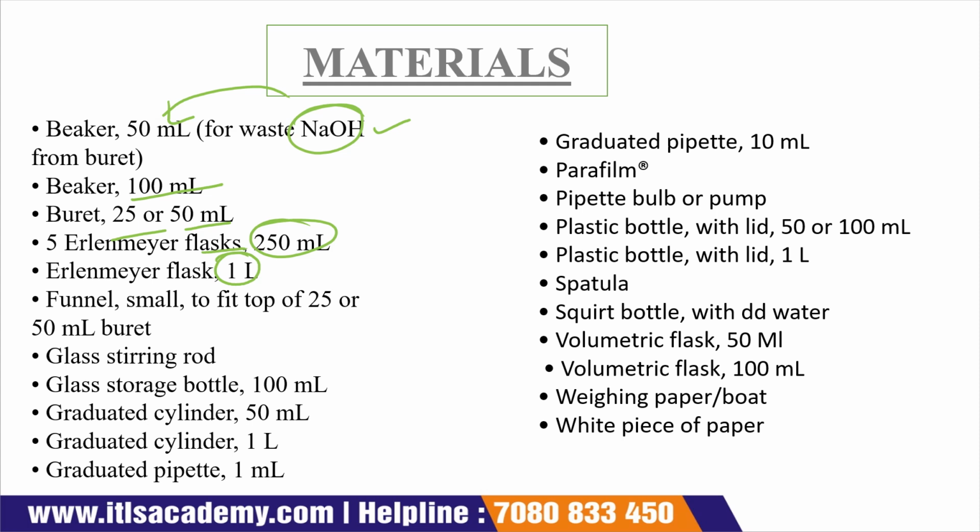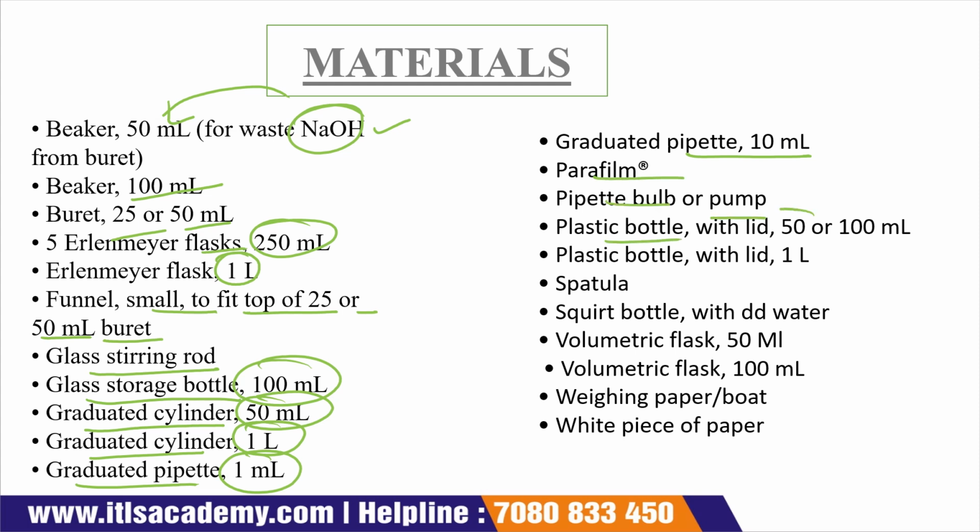After that we require a small funnel to fit the top of a 25 or 50 ml burette, a glass stirring rod, a glass storage bottle of 100 ml, a graduated cylinder of 50 ml, a graduated cylinder of 1 liter, a graduated pipette of 1 ml, and a graduated pipette of 100 ml, parafilm, a pipette bulb or pump, a plastic bottle with lid of 50 or 100 ml, and a plastic bottle with lid of 1 liter.